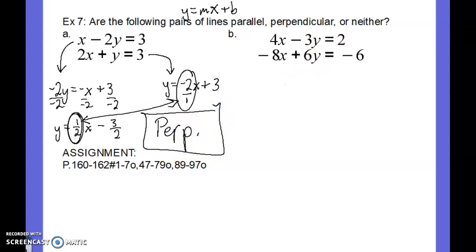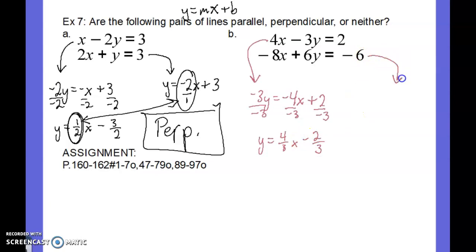All right. And then the last example before your homework is looking at these things. So again, I'm going to kind of split it up for you. First thing would be to subtract 4x to the right side. Divide everything by -3. So we're looking at positive 4/3 x minus 2/3. Let's look at the next one. So I'm going to add 8x to the right side.